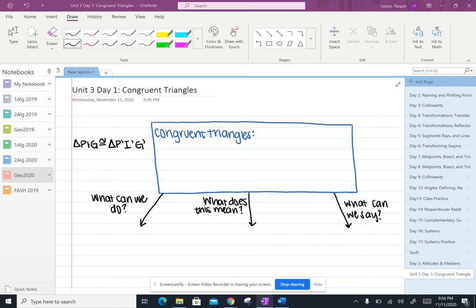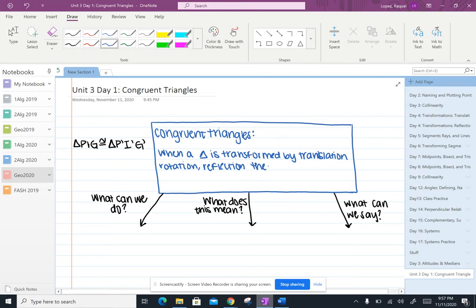Okay, welcome back. So let's start off by defining congruent triangles. When a triangle, and I'm going to just draw a picture of a triangle, is transformed by translation, rotation, or reflection, the result is two triangles that are congruent.